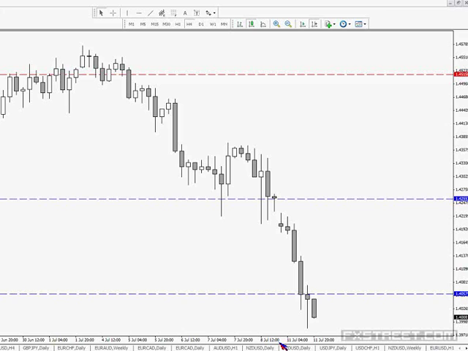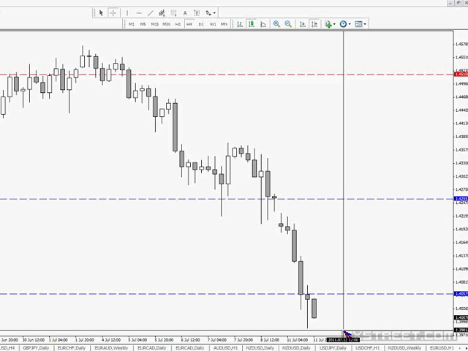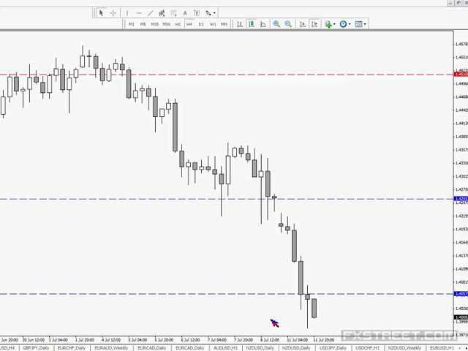Some people will let it go for a couple of bars. But this one is looking really poor right now. My stop would have been down here at, let's say, 80. So it's about 27 pips away from where the stop would have been.